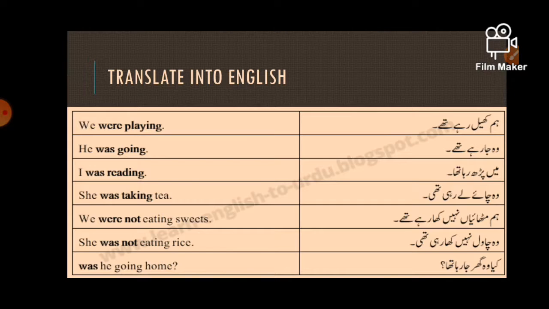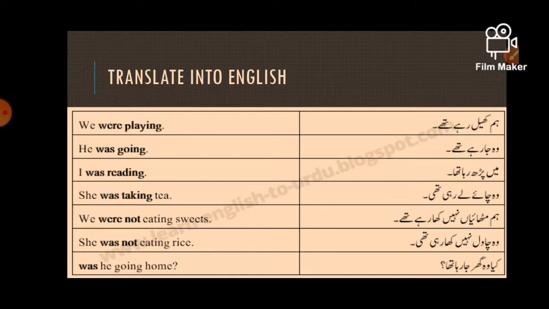वो जा रहे थे. This is simple. He was going. But when we say वो जा रहे थे जब हम मिले, so he was going when we met. The other sentence will be past indefinite. Okay? मैं पढ़ रहा था. I was reading.